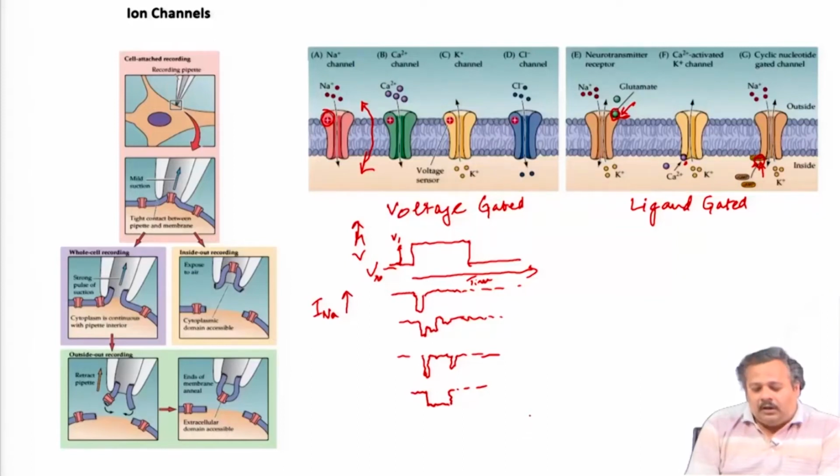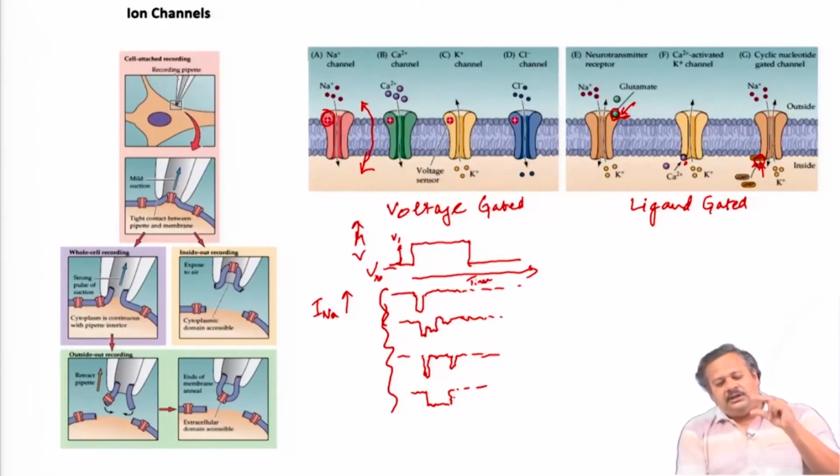So, overall, the way we actually will be talking of properties of these ion channels is based on what we would expect to see by averaging all these different trials, all these different repeats.